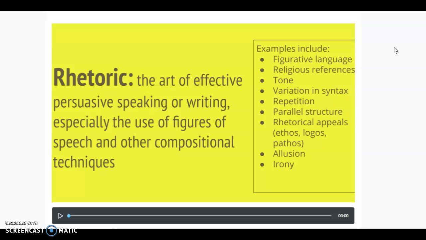And you'll see those in rhetoric. So rhetoric is sort of like your literary elements that you're finding in speeches rather than novels or persuasive pieces. And some examples include figurative language, religious references, tone, repetition, your rhetorical appeals of ethos, logos, pathos. We use all three of those in order to draw interest into the persuasive topic or reading.